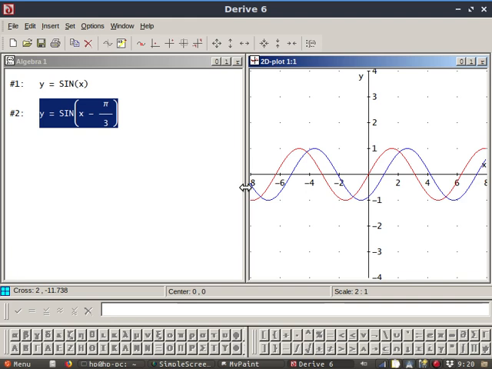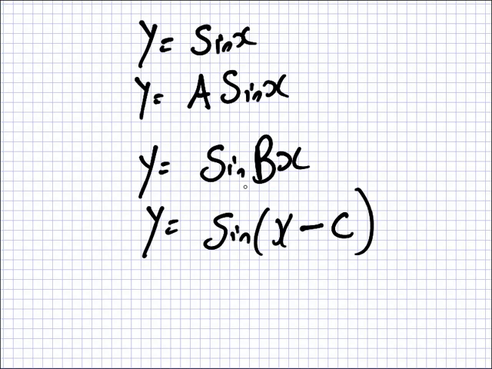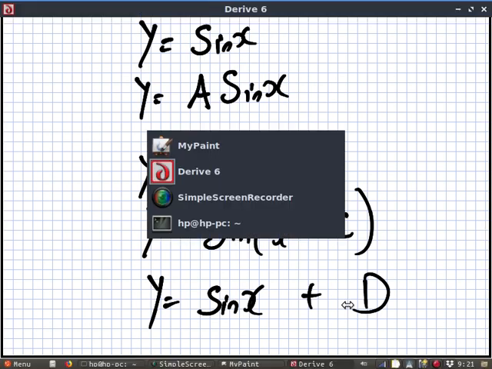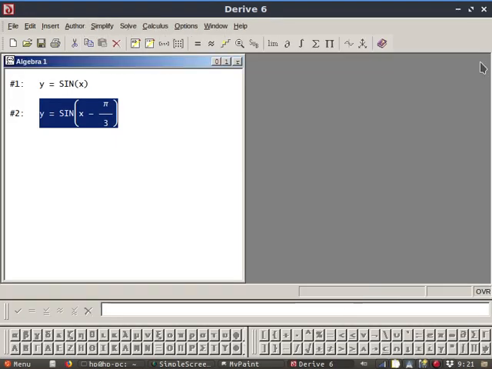Okay, continue. Yes? Continue? Yep. So the last one is what happens if I have something like this, sine x plus d? Moves up, yeah, good. So let's draw that one now.